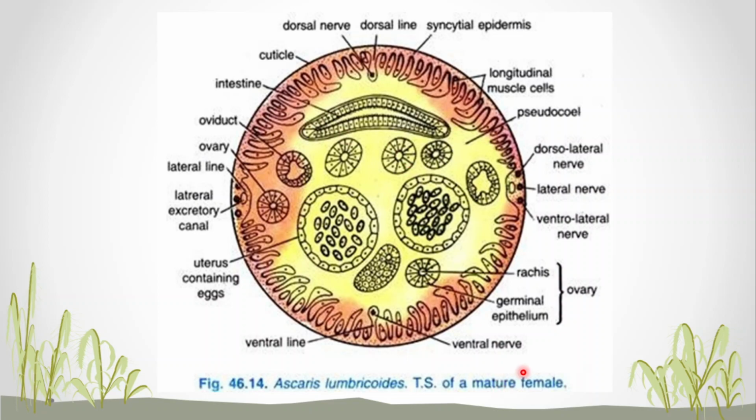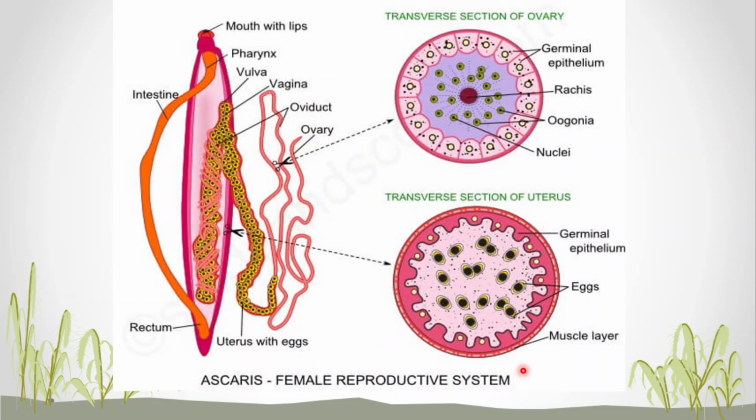And here, this is the complete female reproductive system, in which the complete structure of the ovary, oviduct, then the uterus, and then the vagina and vulva are shown. This is the diagram of the transverse section of the ovary, in which the basement membrane is there, the outermost cuticle, which is lined by the germinal epithelium cells.